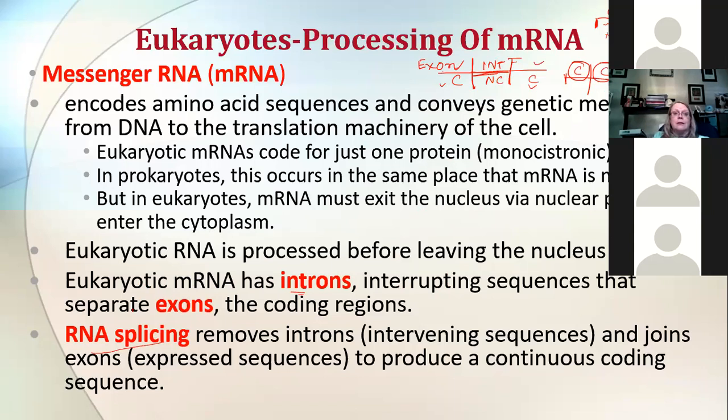So during RNA splicing, the cell removes the introns, all the non-coding sequence, and joins all the exons, meaning the coding sequence, to produce a continuous coding sequence. And this process is called RNA splicing. So for bacterial transcription, we really do not see RNA splicing; it occurs only for the eukaryotic chromosome.